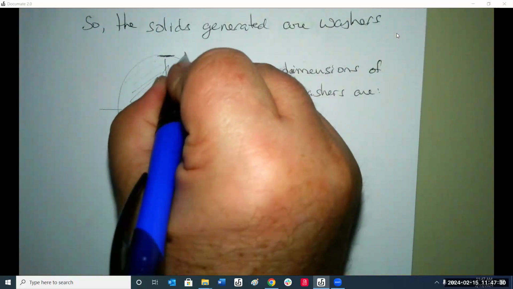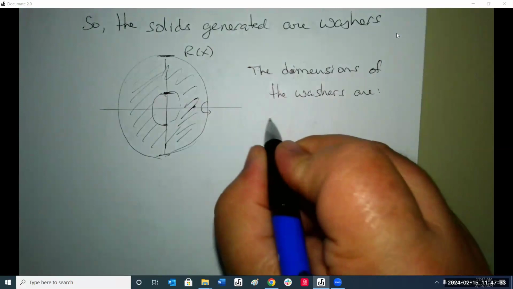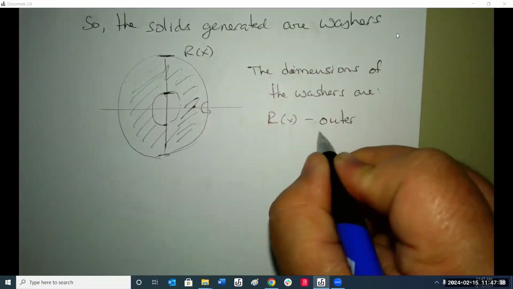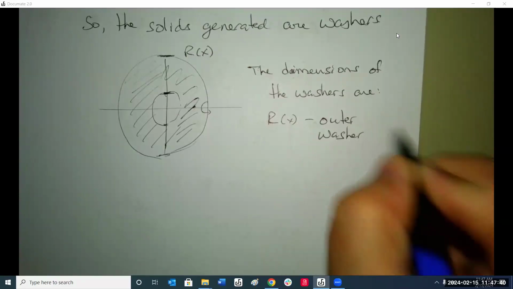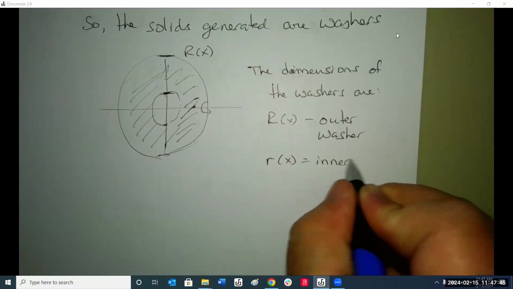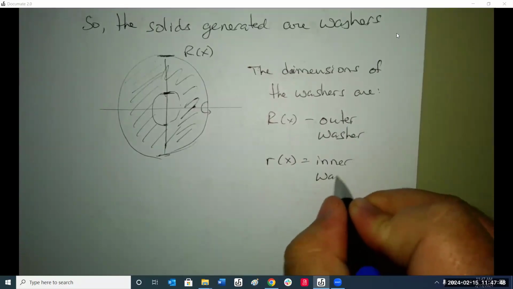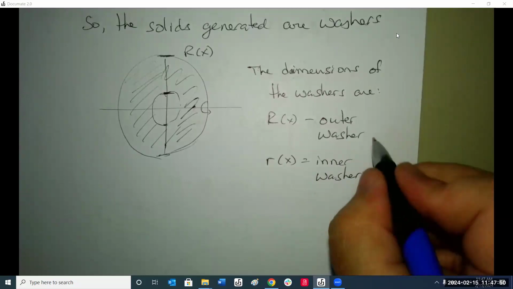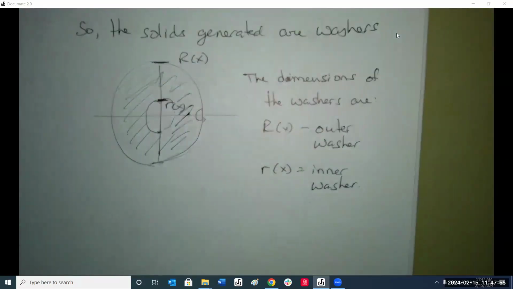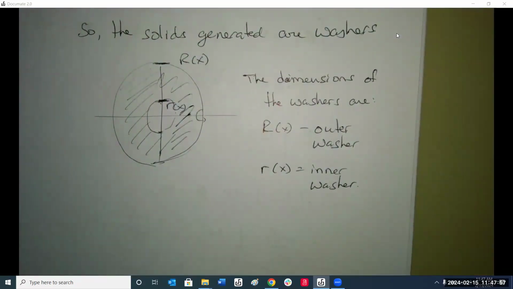The outer one is the large R. And then little r is the inner bound. So they're going to be R of x and r of x. Right, so we have to give two different names because we're using two different specific values.